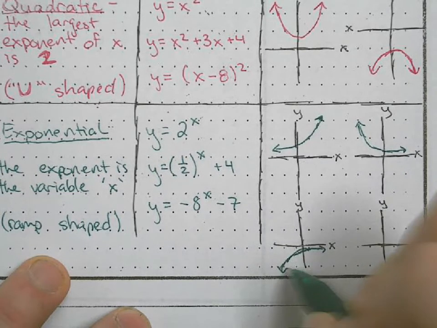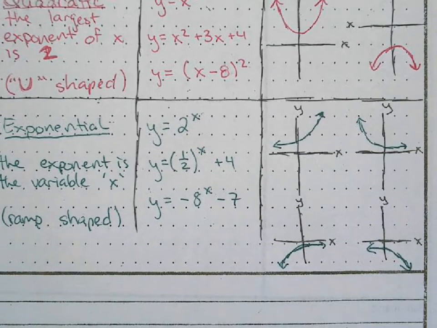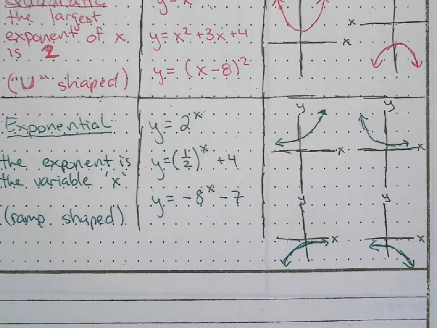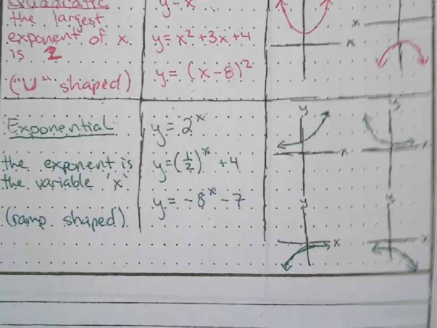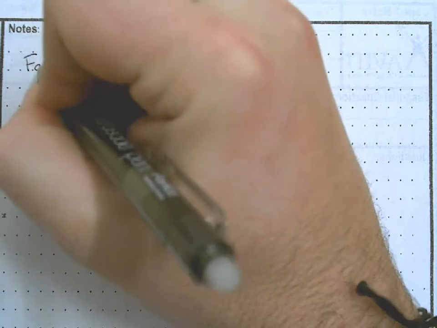So we could look like so, or we could look like so. That's our 4 different types of exponential graphs. We have 2 more families to do, so we'll do that on the back. Our next one is going to be absolute value, or linear absolute value.